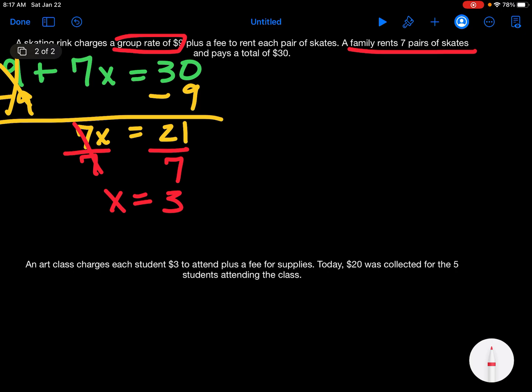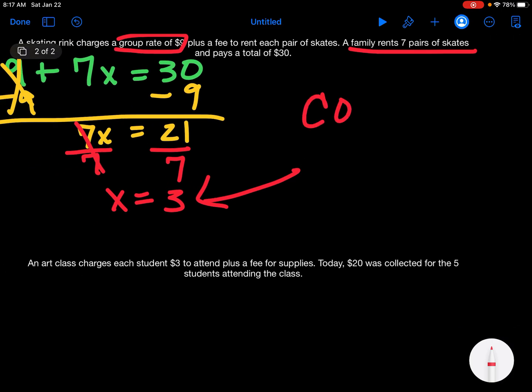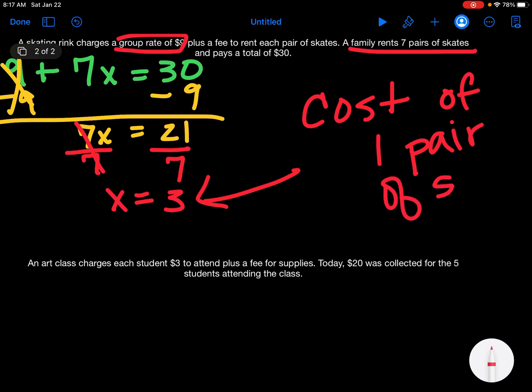So the $3 in this case represents the cost of 1 pair of skates. And I'm going to be very, very specific because I'm going to expect to see 1 pair of skates, not just the skates, because the skates would be $21. Okay, 1 pair of skates. The cost of 1 pair of skates was $3.